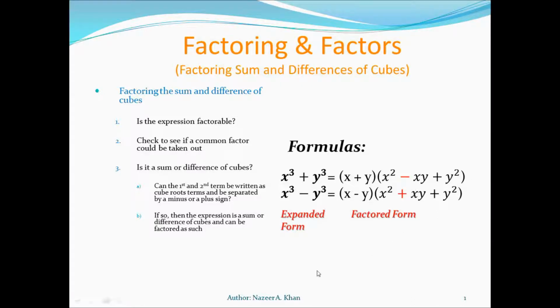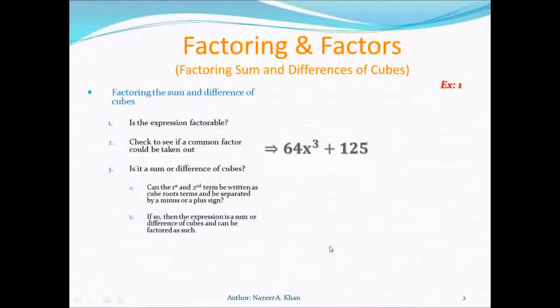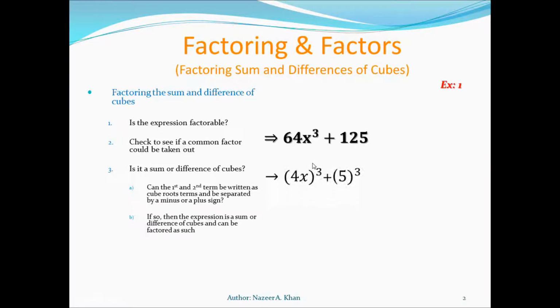Let's go and do actual examples now. When we look at this example, we have to ask ourselves, is there a common factor that could be taken out? Because of the 4 and the 5 right there, there's not a common factor that could be taken out of this. But let's see if we could rewrite this as an entire cube term.